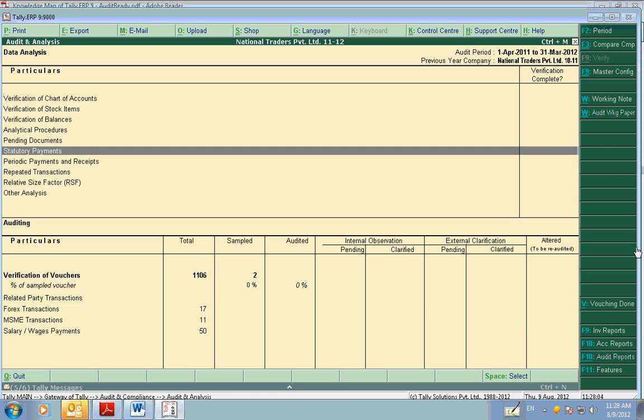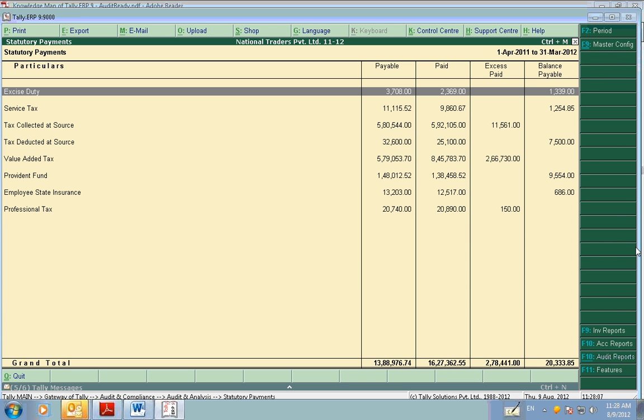So now coming to the statutory payments, as we all know, the statutory payments are risky, scary. The moment you don't pay within the due date, you are supposed to pay it with the penalty, the interest rate and all that.